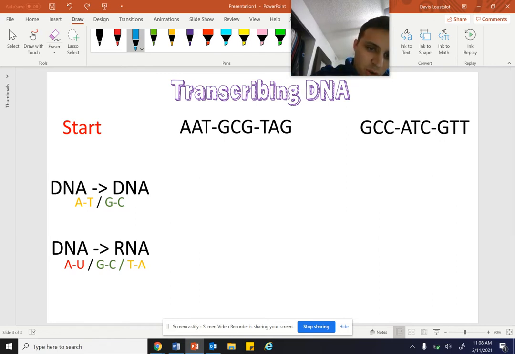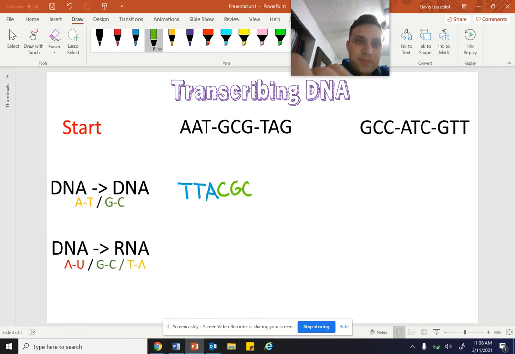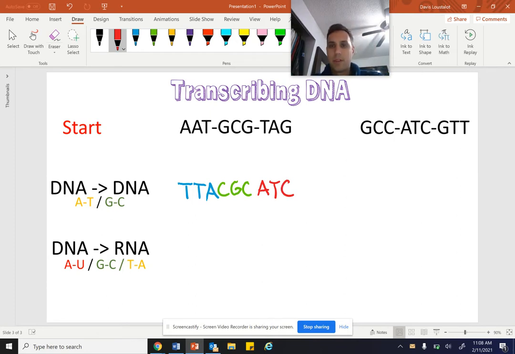Well, A would go with T. A would go with T. T is going to go with A. T and A always pair. G and C always pair. So figuring out the rest of this should be pretty easy. G goes with C. C goes with G. G goes with C. T goes with A. A goes with T. And G goes with C. So that's my complementary DNA strand to this one right here.